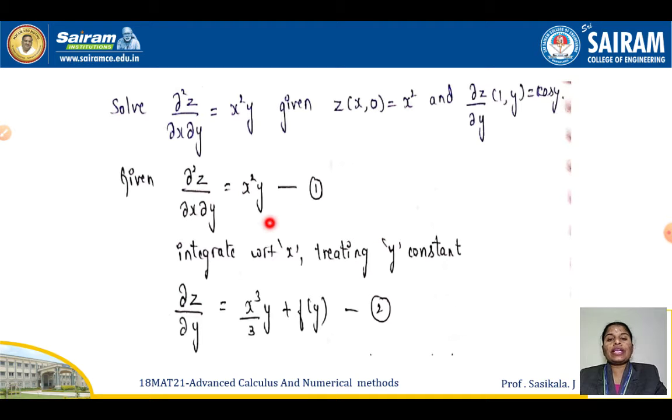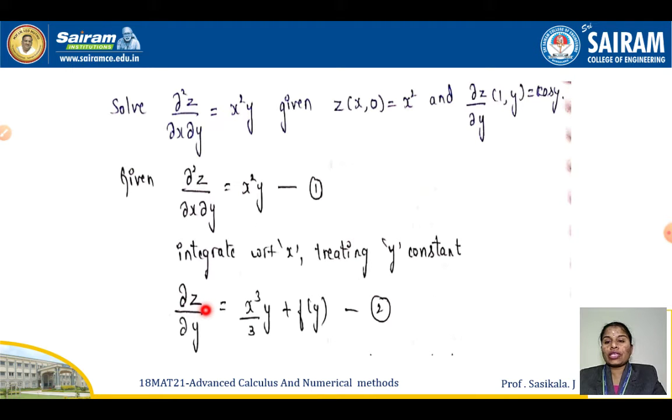Okay, first we integrate with the direct integration method. ∂²z/∂x∂y I can write as ∂/∂x of ∂z/∂y, isn't it? So first I should integrate with respect to x, treating y as a constant. So we integrate with respect to x.